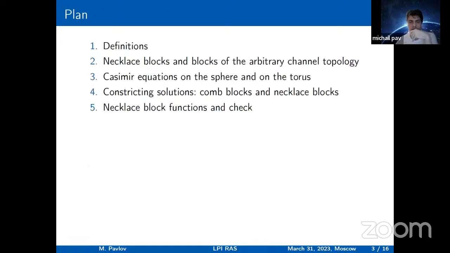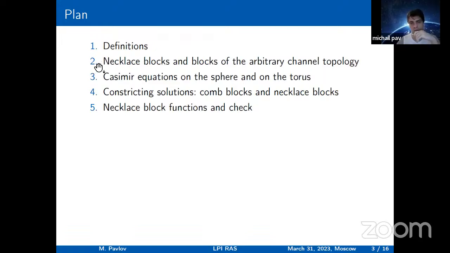Okay, here is the plan, and basically there are 3 points that I would like to highlight. First of all, of course, I'm going to give you some definitions. Then we will focus on a certain type of blocks on the torus.